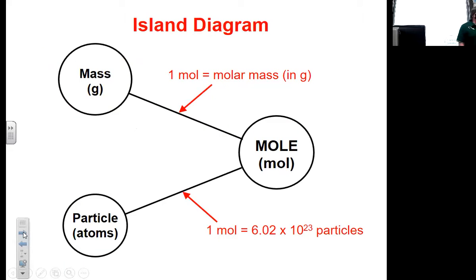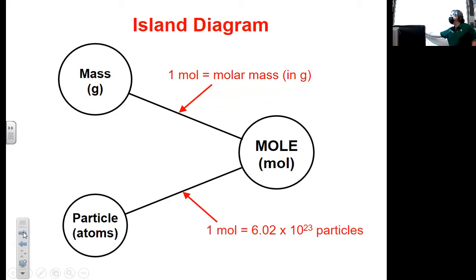All right, so this is our island diagram. And I know that the practice today says island diagram practice, but the cool thing about the island diagram is it gives you everything you need to convert one thing to something else. And you don't have to remember anything because it gives it all to you.